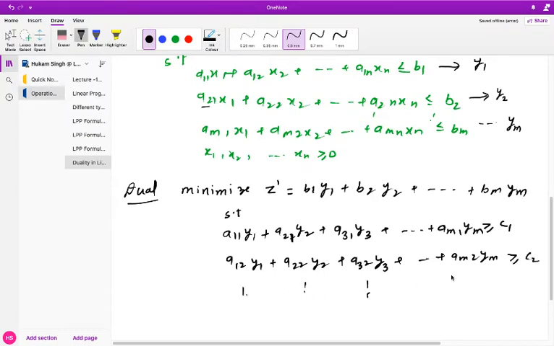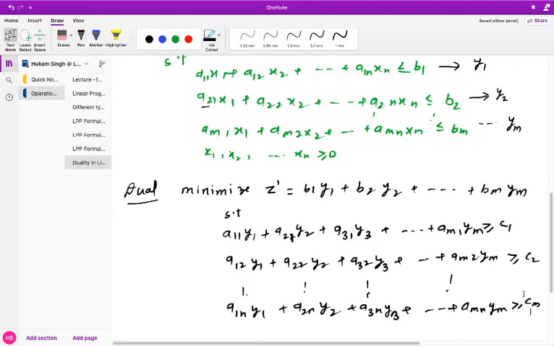And similarly the last constraint is going to be a1n y1 plus a2n y2 plus a3n y3 plus dot dot amn ym greater than or equal to cn.